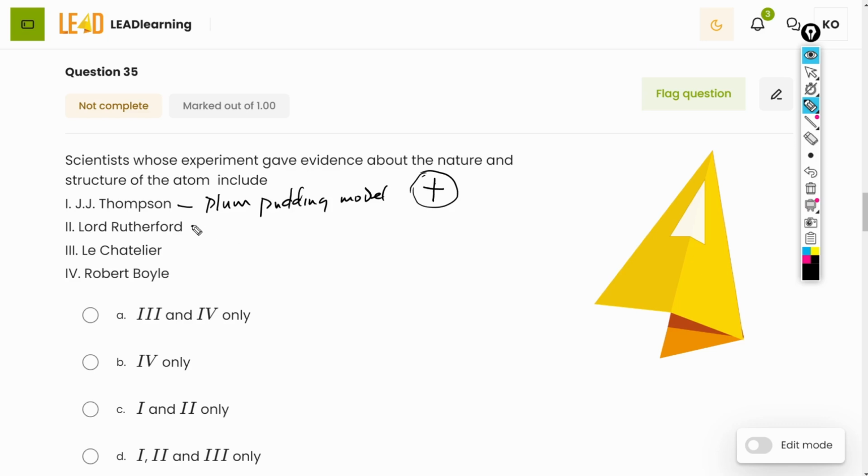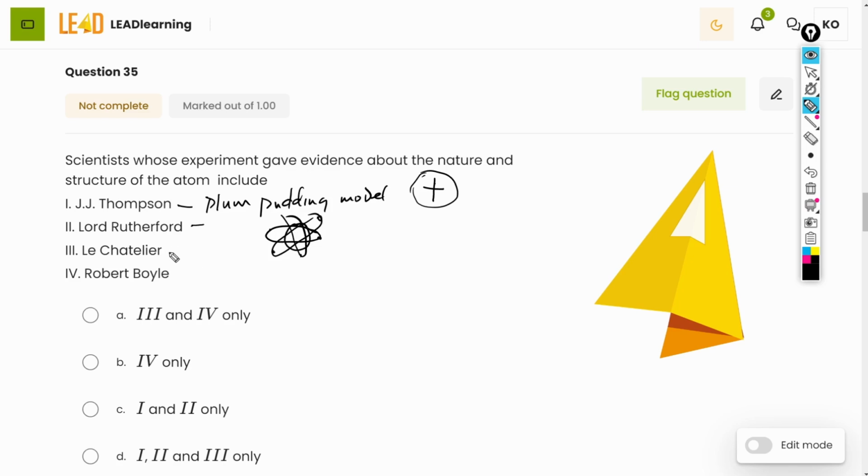Lord Ernest Rutherford was the one that established that electrons were located outside the nucleus in spherical paths called orbits. Sometimes he's credited with the planetary model of the atom, where the electrons are in shells or orbits.